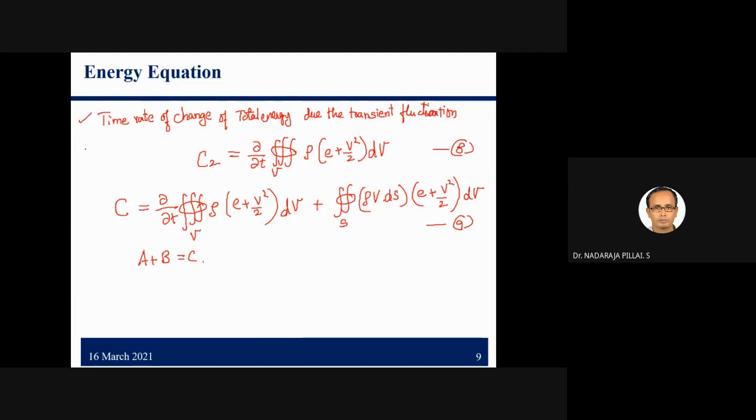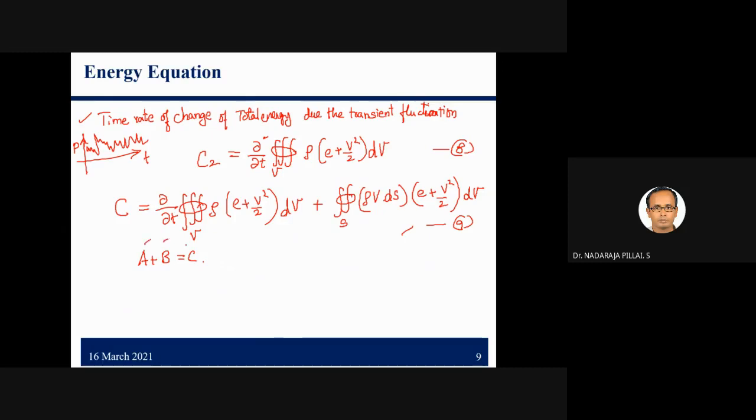What is that transient fluctuation? You take a property of the element, and it varies with respect to time. So this particular property is considered, and we consider dou by dou t. The final equation C is the one shown in equation 9.